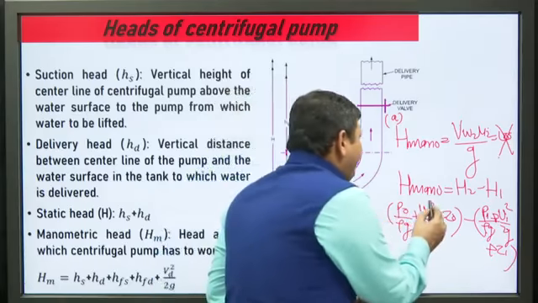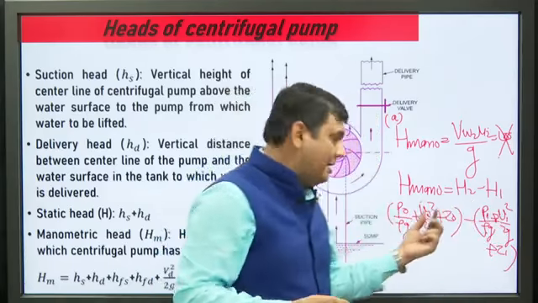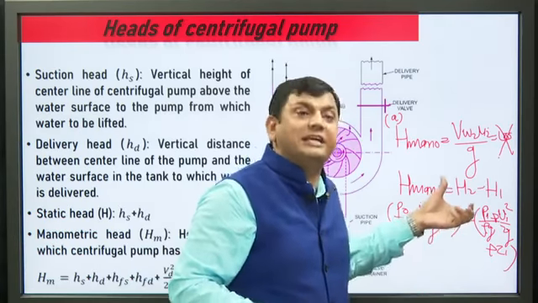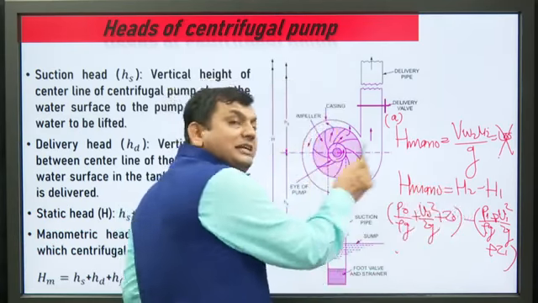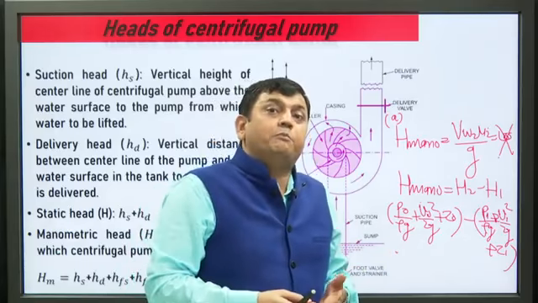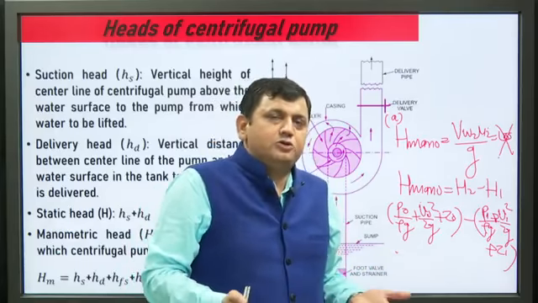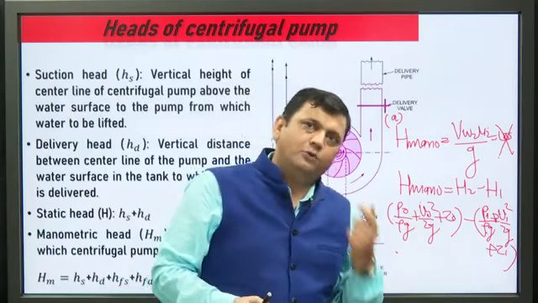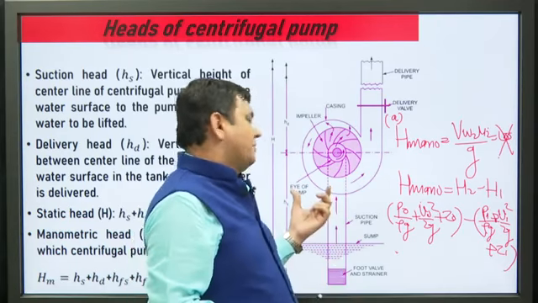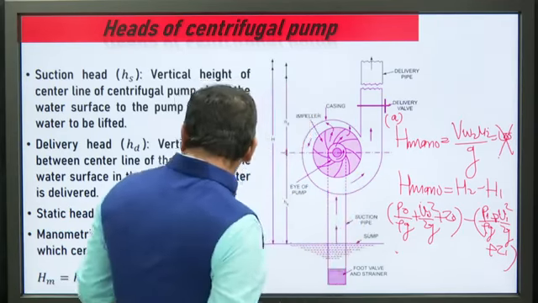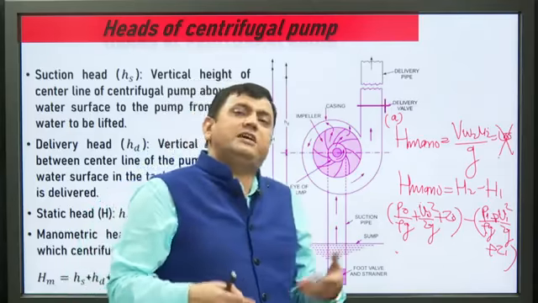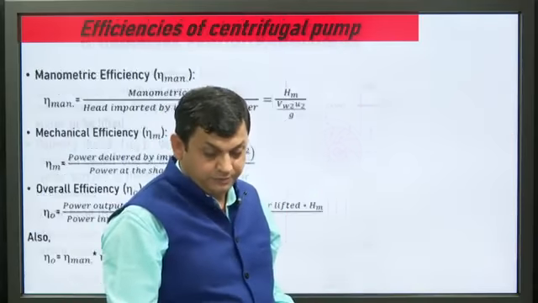Because if the velocity is about the same, P upon rho g plus Z is the piezometric head, measured by the manometer at inlet and outlet. The piezometric head is P upon w plus Z. That is why it is known as the manometric head. Again, the manometric head is Hs plus Hd, plus the friction losses, plus velocity squared upon 2g.